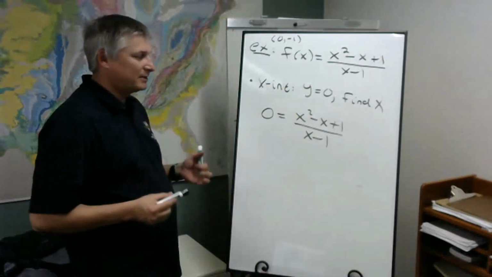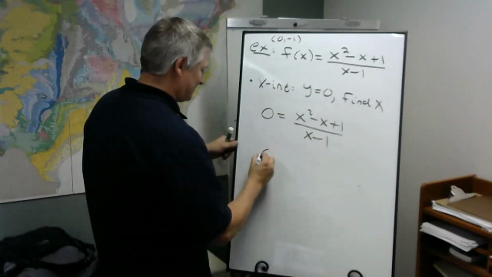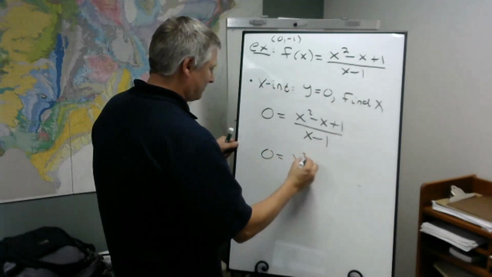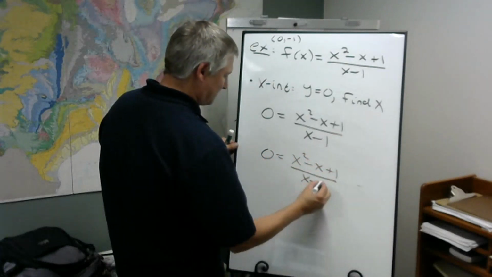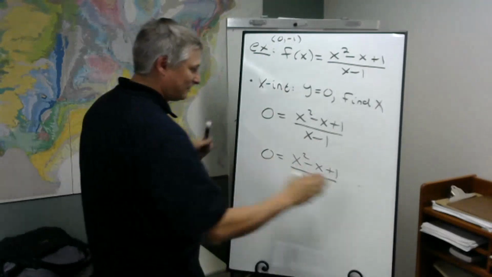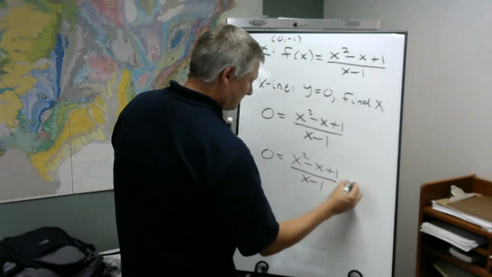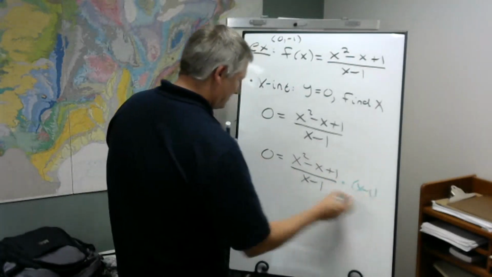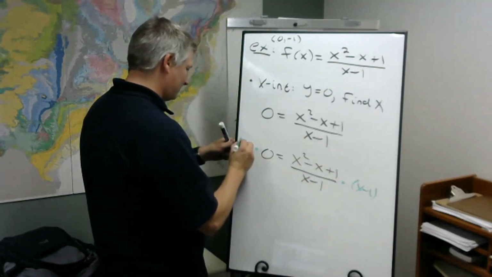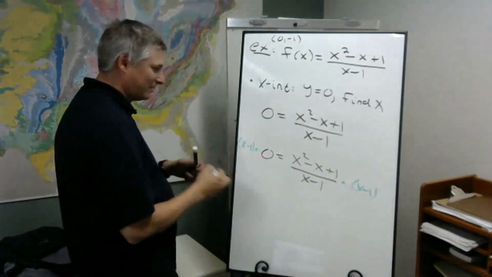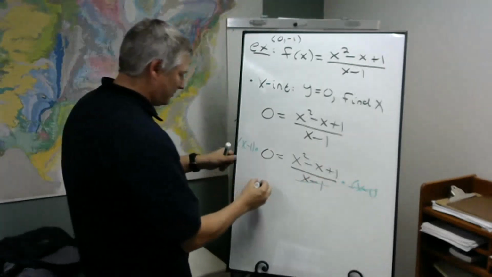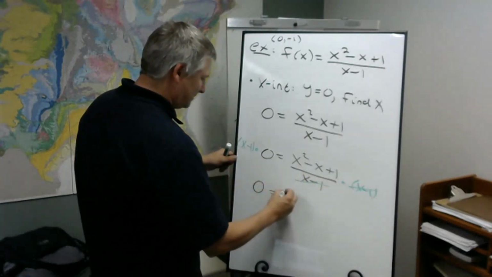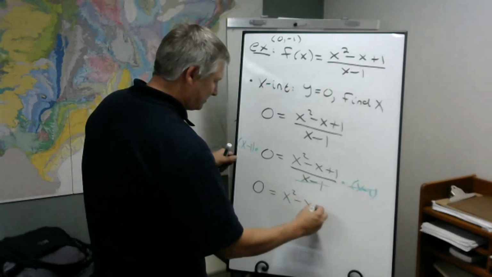So we'll multiply both sides by x minus 1. So these will cancel. We'll get 0 equals x squared minus x plus 1.